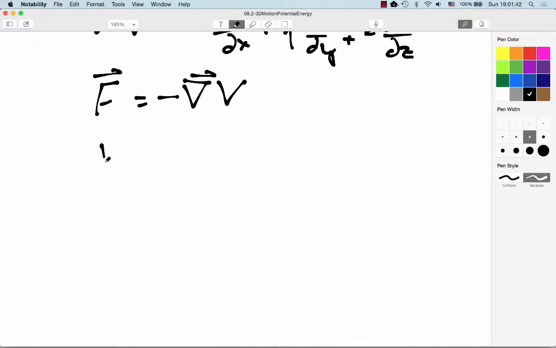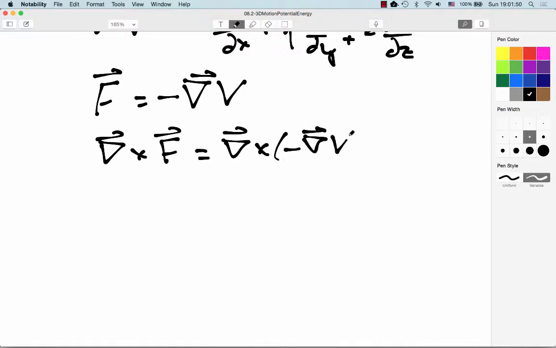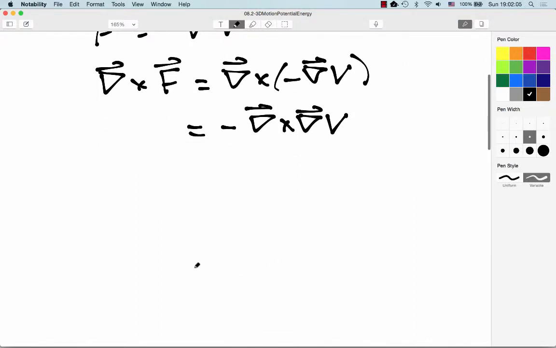So we'll take the curl of F, and that would be the curl of the negative gradient of V. Well, we can pull the minus sign out, so this becomes the negative of the curl of the gradient of V. So now let's go ahead and find it.